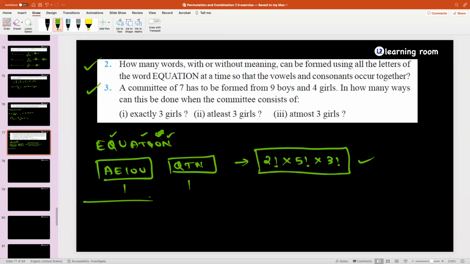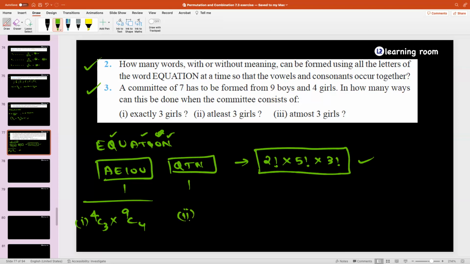Which contains exactly 3 girls means out of the 4 you choose 3, into out of the 9 boys you choose 4. Is the point clear? Whenever they impose any condition, the condition needs to be satisfied first and then you will go for the other one.